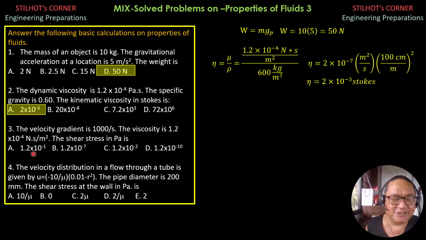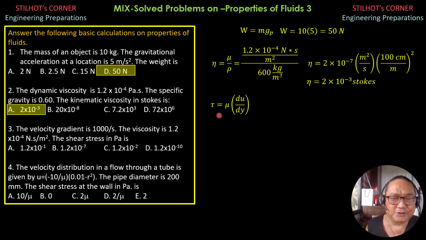Next is the velocity gradient is 1000 per second or 1000 radian per second. The viscosity is 1.2 times 10 to the negative 4 Newton second per meter square or Pascal second. The shear stress in pascals is, so shear stress is equal to viscosity times velocity gradient, or viscosity mu times du dy, the derivative of velocity with respect to thickness of coating.